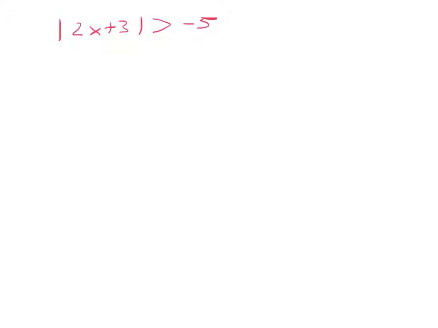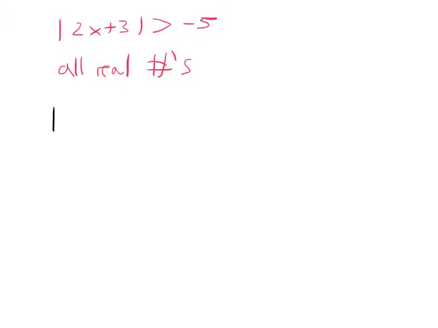Because absolute values are always positive, and positive numbers are always bigger than negative numbers. And so you can say all real numbers. That means any number you want to pick will work because the absolute value will make it positive and you don't have to worry about it.